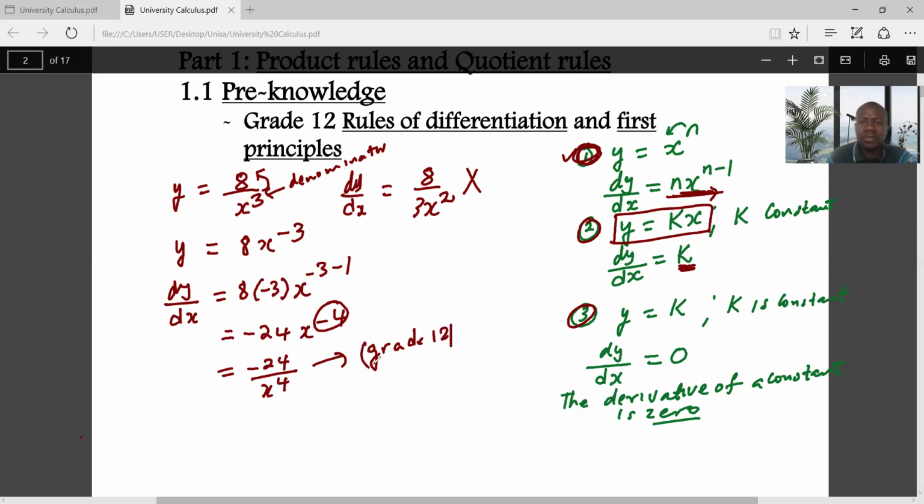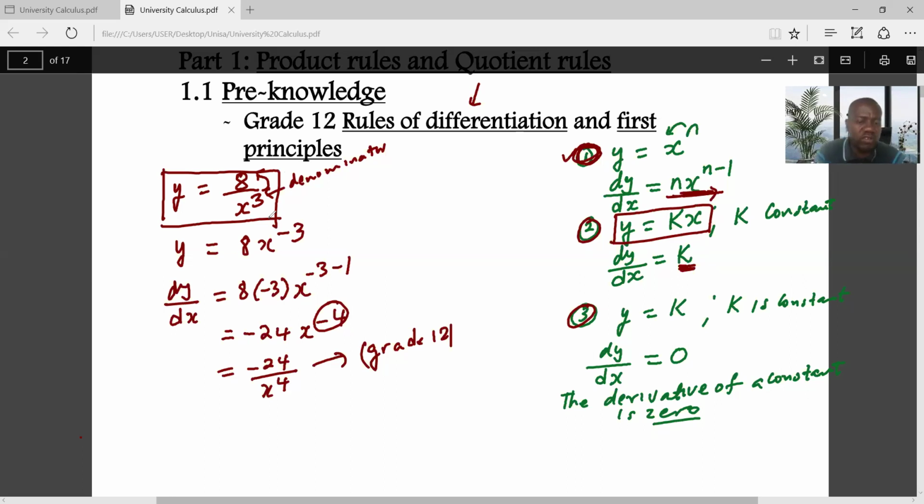But now, in grade 12, as I said, we cannot differentiate this expression without writing it in standard form. It means now, at university level, we will be coming up with other methods that enable us to differentiate this without having to simplify it first.